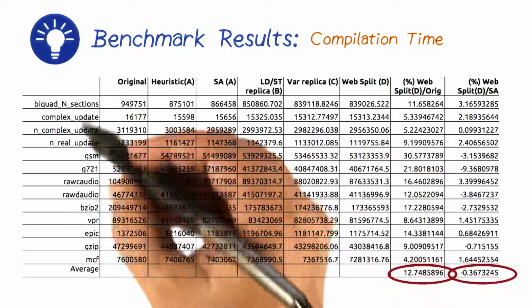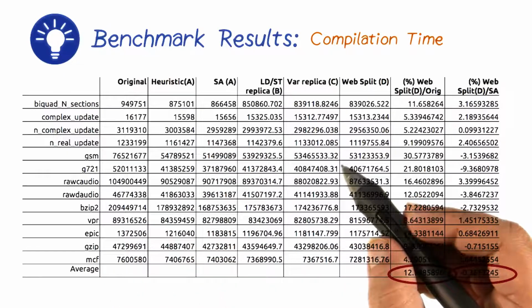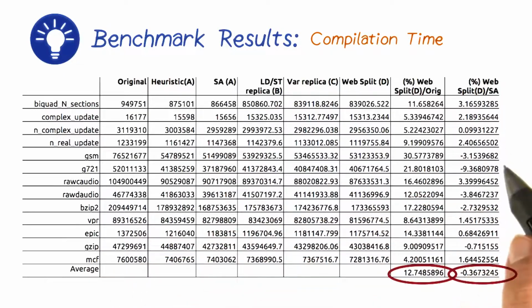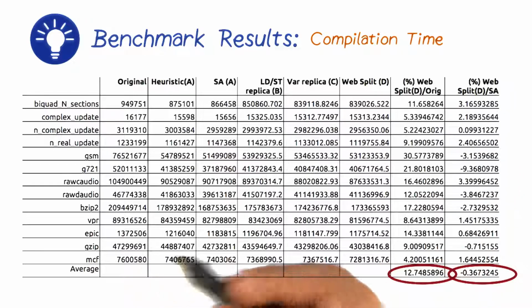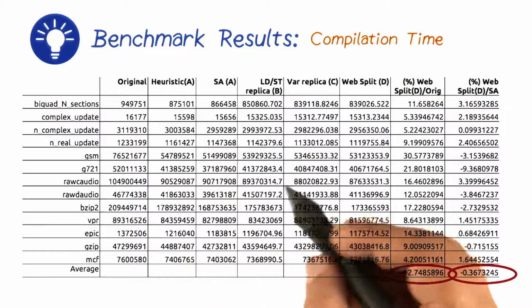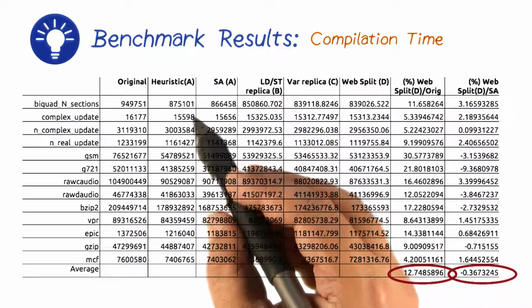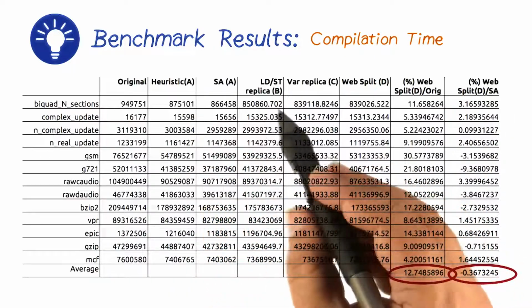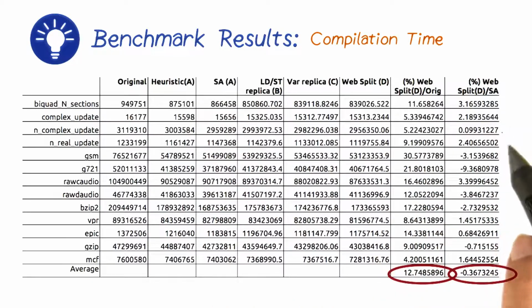So here are the different benchmarks on which this framework executes, and here are the different timings for that. We have the original compilation time and the compilation time being measured at different points, which we mentioned earlier, point A, point B, point C, and so on.